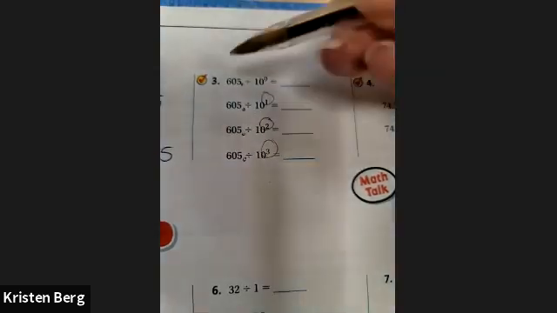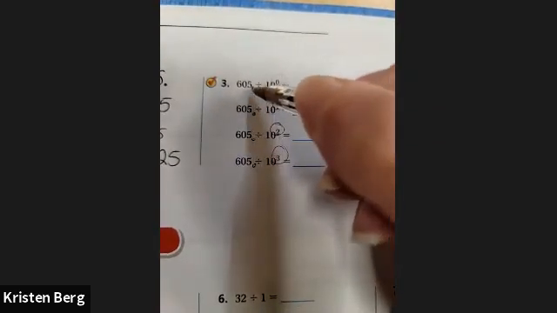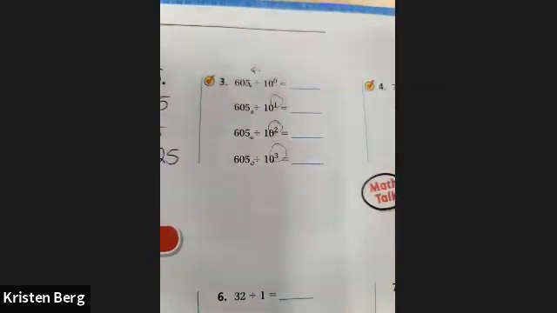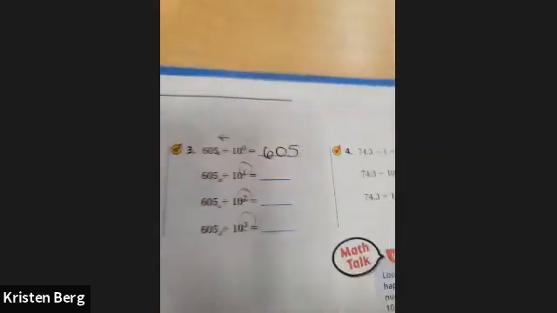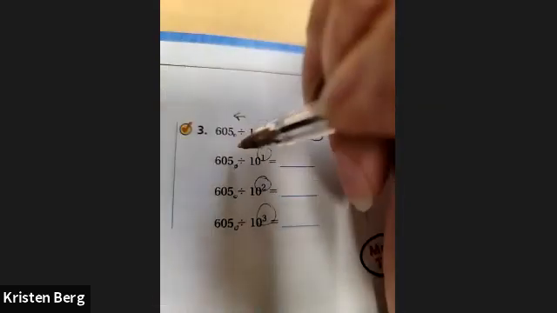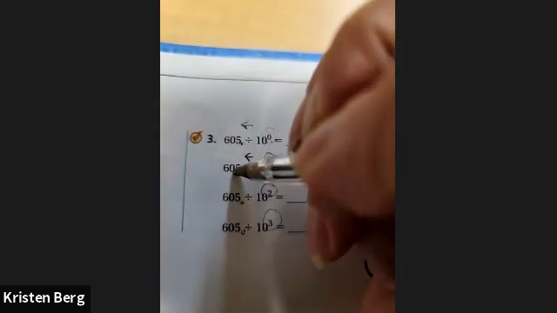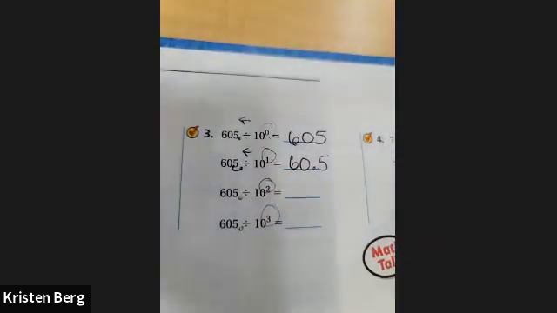So in this case, it's like 605. All right, so on this number, it says you are going to be dividing. So you're making it smaller by how many places? It is saying you're going to move it no places. So therefore, your answer is just 605. This one says you are going to make it smaller by 1 place. So I'm just going to be moving this in 1 place, and it would be 60 5/10.